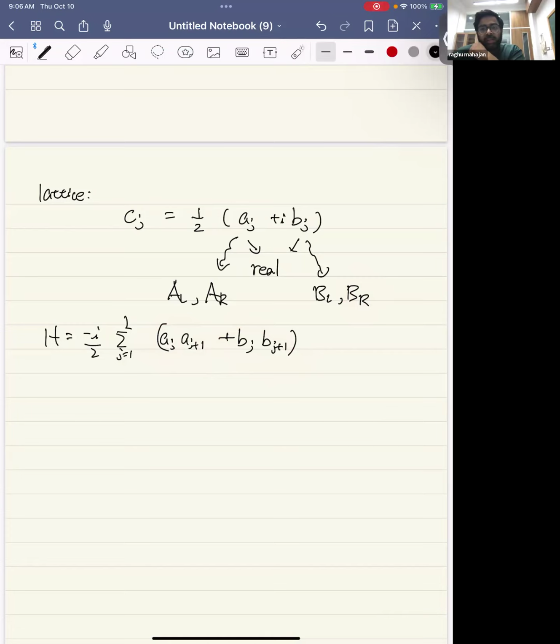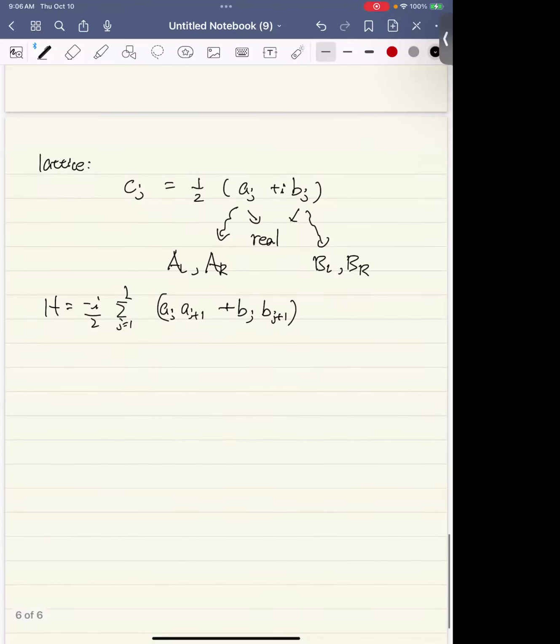Yeah, I think it's clear. Okay, great. Okay, so how do we do that? If you flip, there's an obvious symmetry that flips the sign of B, but that's not what we want. If you flip the sign of B, you will flip the sign in the continuum of both B left and B right, but we don't want that.